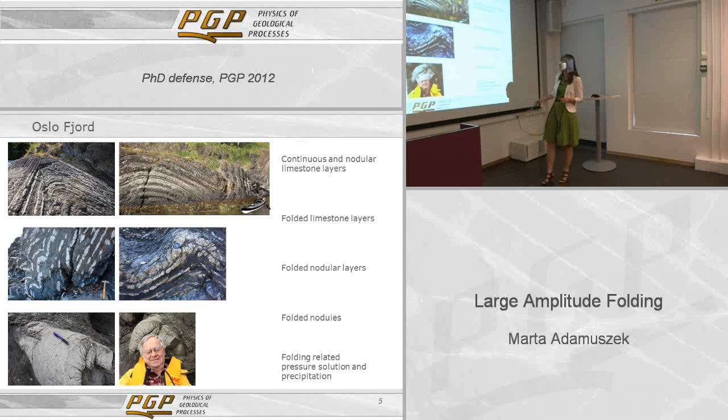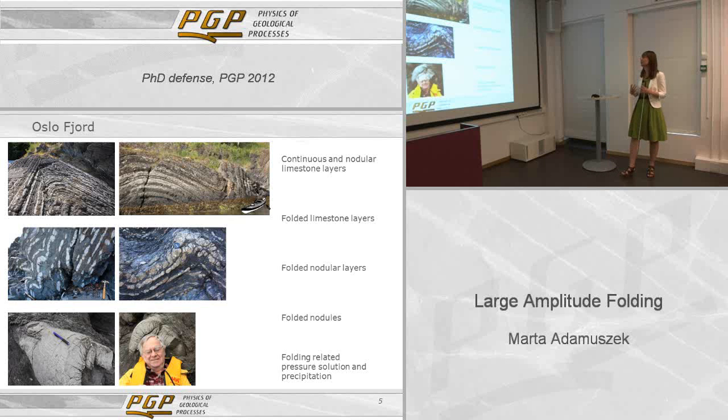Luckily, I also saw that the individual nodules were deformed. In this particular case, I also observed pressure solution structures. The rocks and the fold structures in the Oslo Fjord are complex, and they are also quite often associated with thrusts, and as I said, various pressure solution structures were formed.